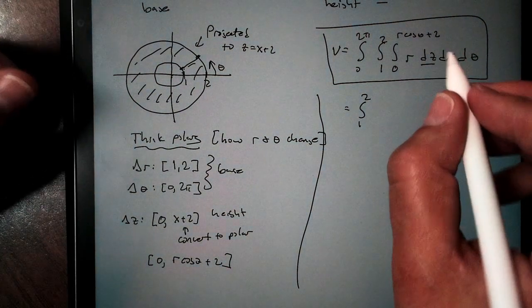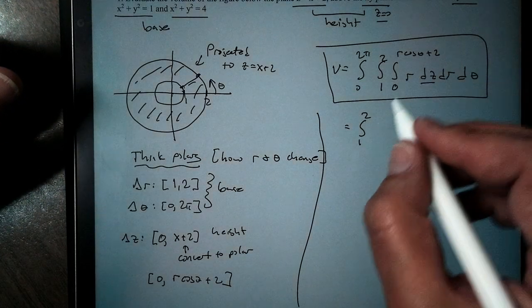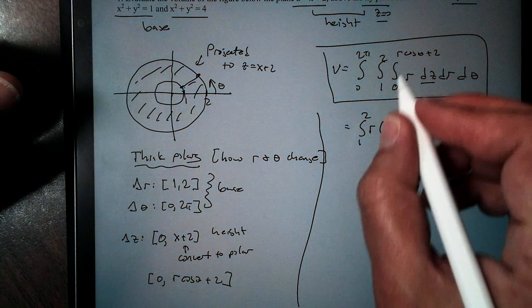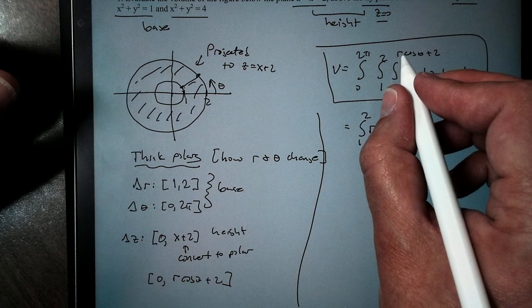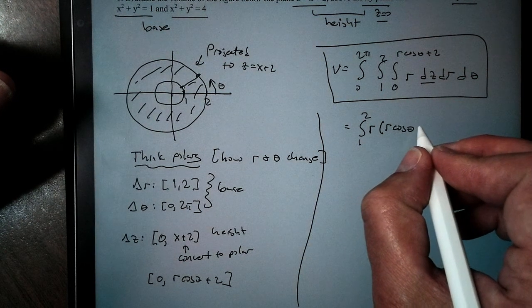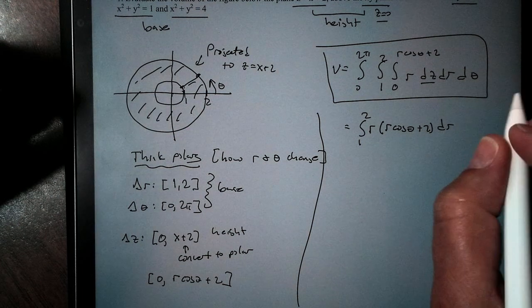Sorry about that. We're going to integrate with respect to z first. Since there is no z here, this is just going to become r times z if we integrate it, and z goes from f of b minus f of a, so we get r cosine theta plus 2, and this just stays dr.